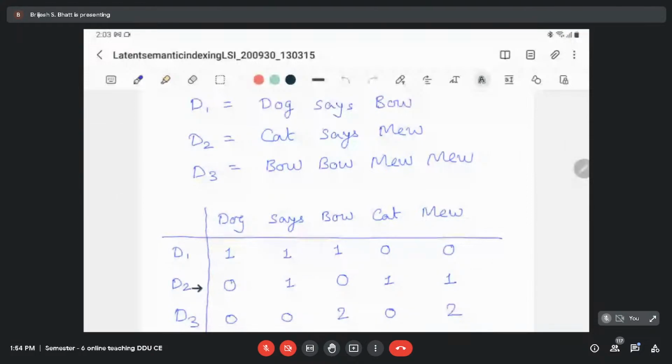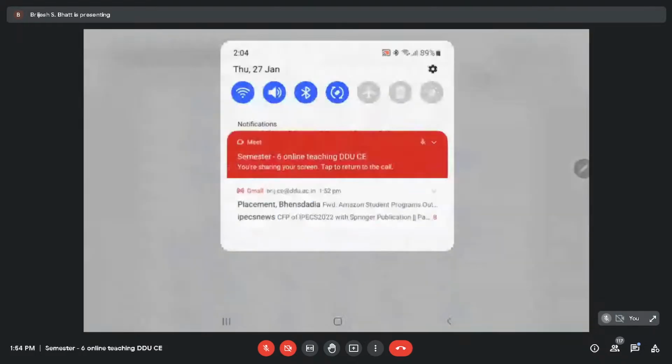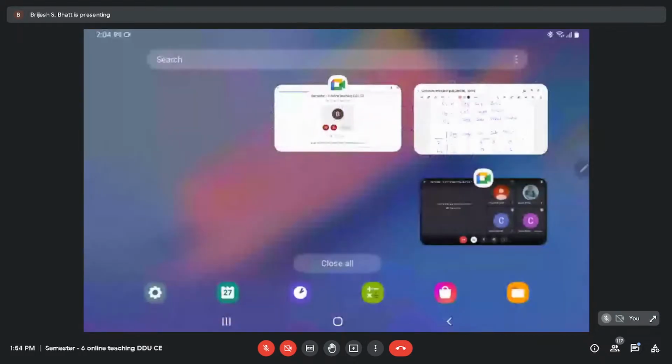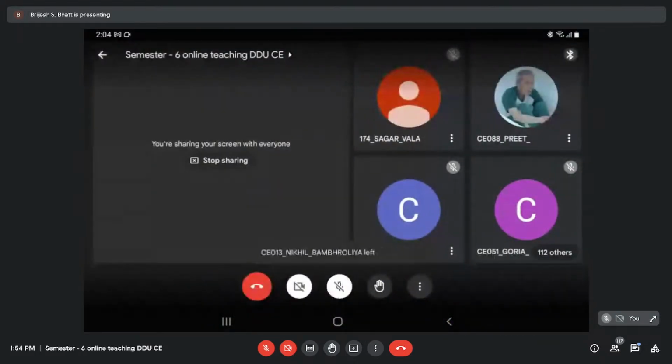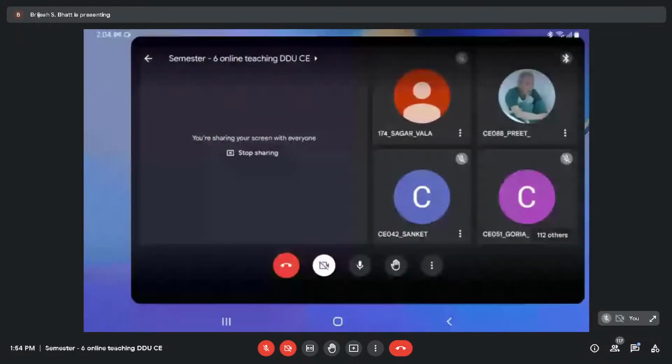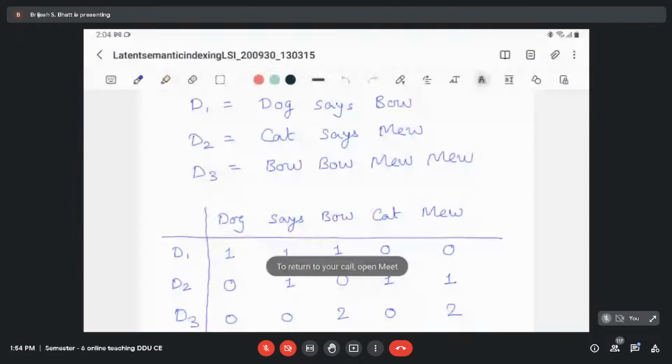For document 2, dog does not occur, so count is 0, says occurs, so count is 1. So document 2 is 01011.